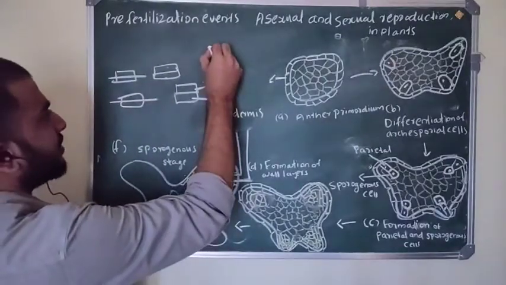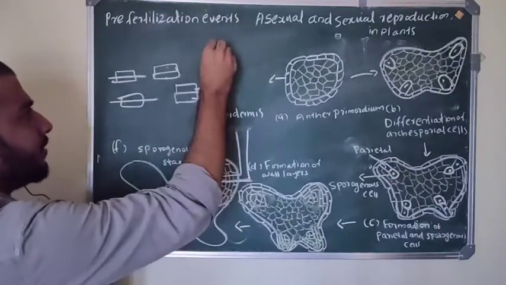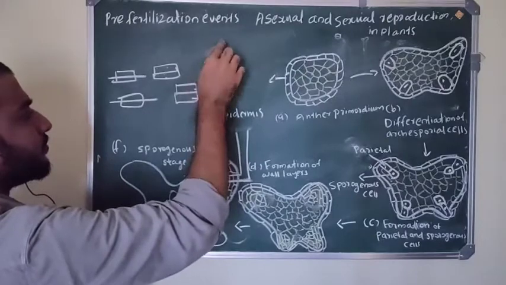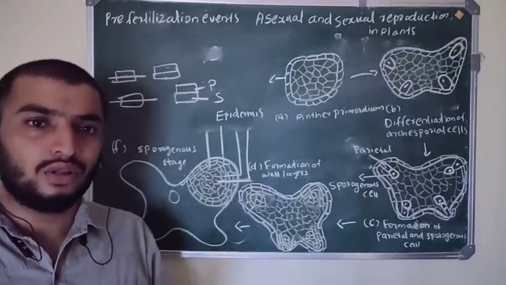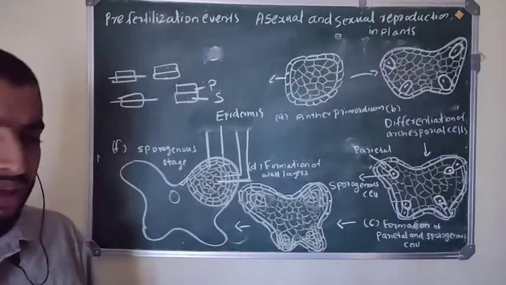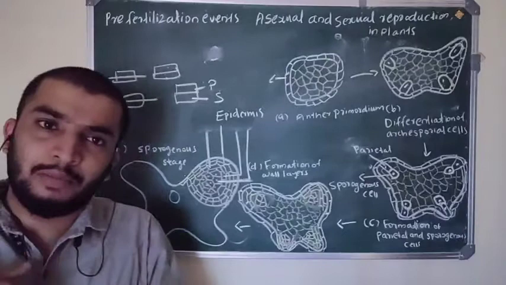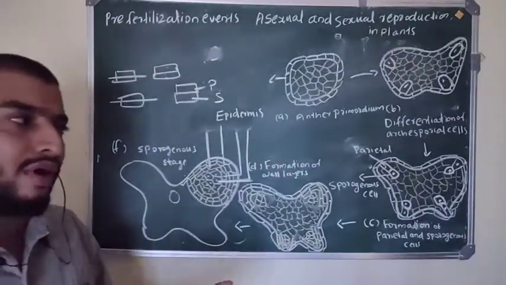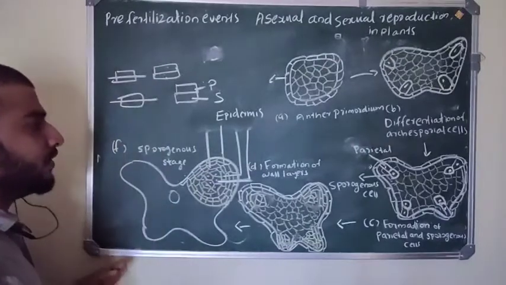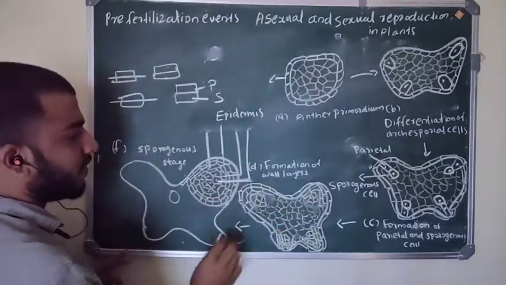Anticlinal division means the cell divides at a right angle. So the parietal cell divides periclinally and anticlinally and forms 2 to 5 layers of cells, that is called anther walls.